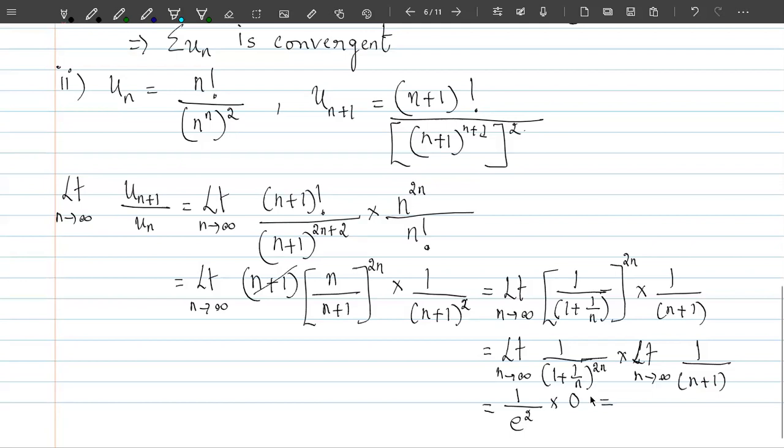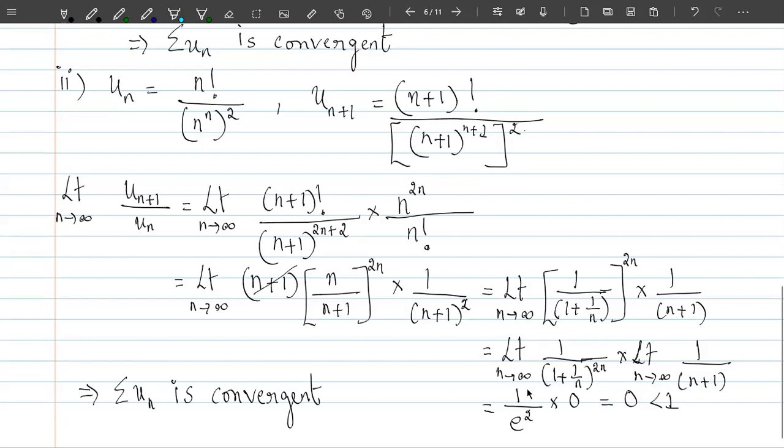So I get 0. Now since this value 0 is less than 1, what can you say about the series? The series summation un is convergent. Please note this limit part.